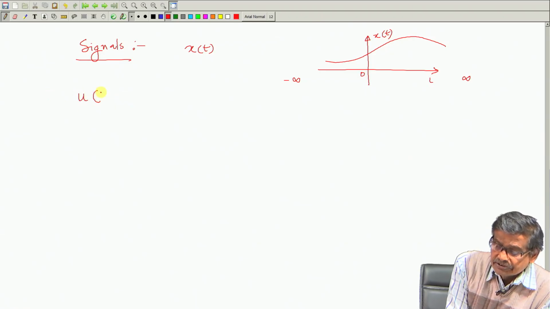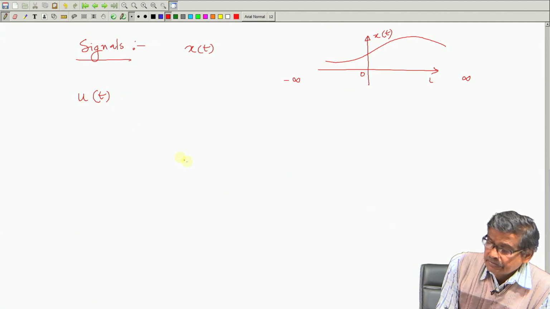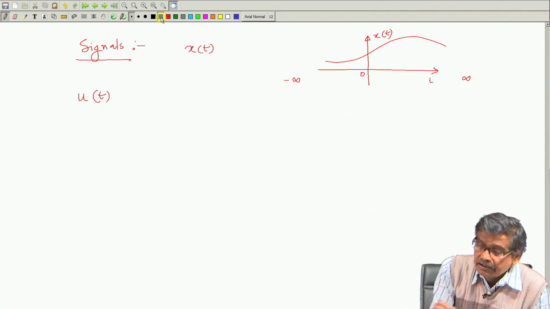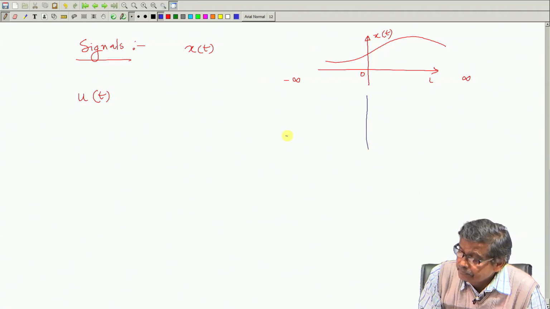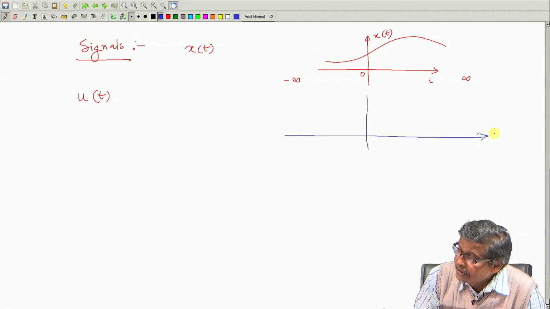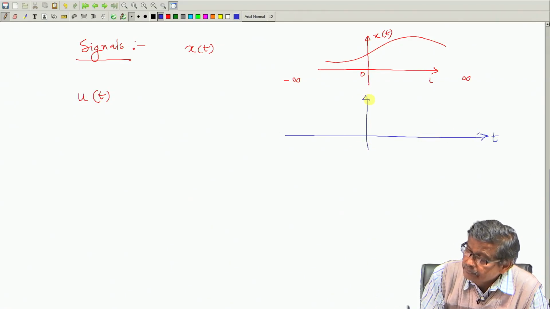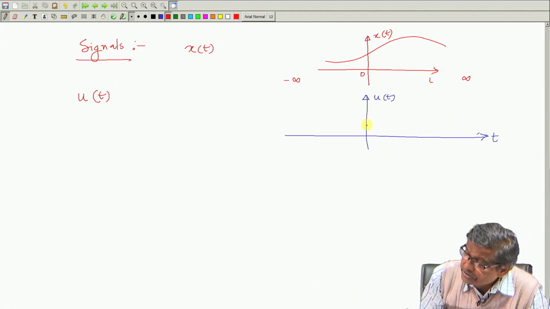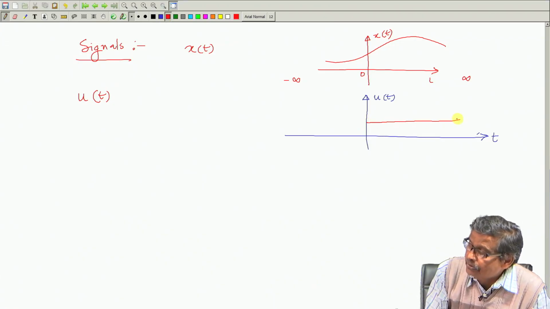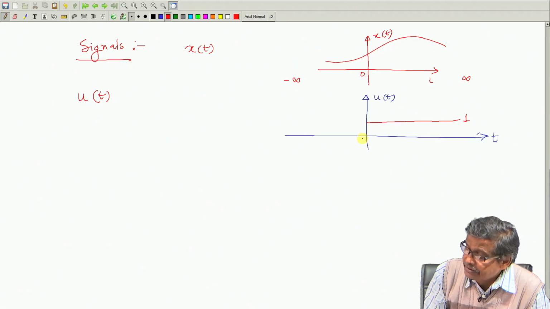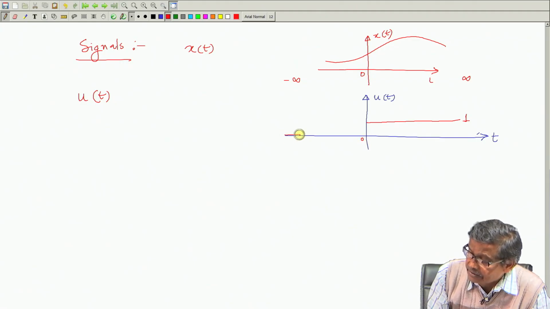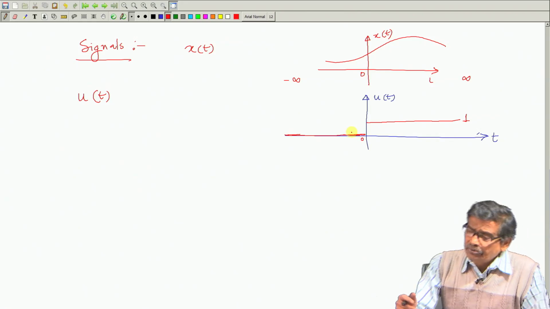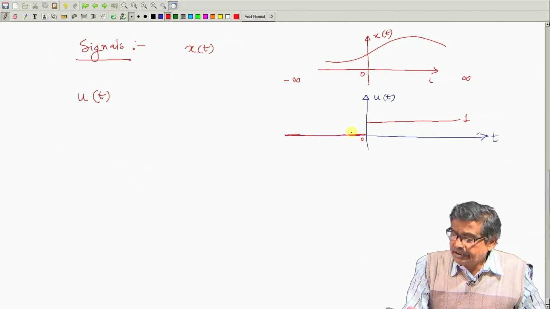One is called the unit step function, which I am drawing below, against time, and I am sketching u(t). u(t) will be a function whose amplitude is equal to 1 for t greater than 0, and it was 0 earlier, like this.